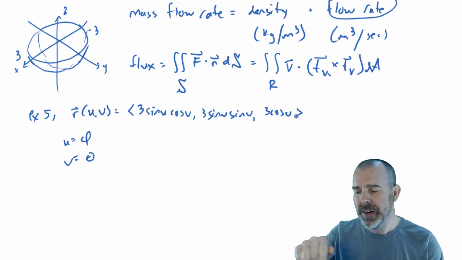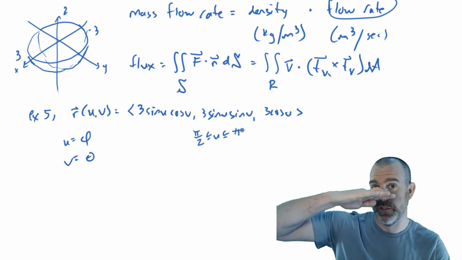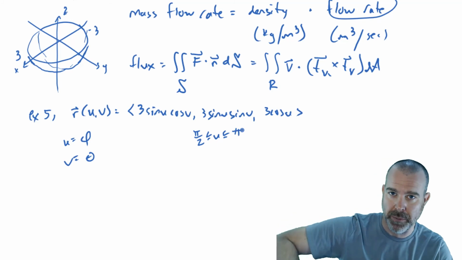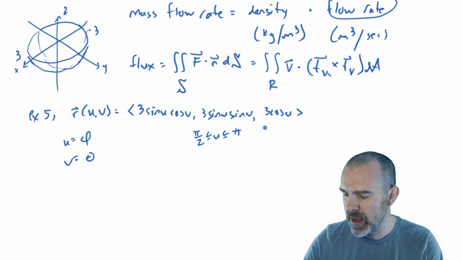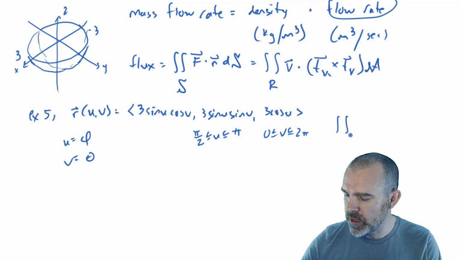Now we want the bottom half, so we're going to take our phi angle and have it go from pi over 2 to pi. So that'll start at the xy plane and then sweep down to the z-axis. But theta does go all the way around, so v will go all the way to 2 pi. So that'll be our region then. Our region will be, in whatever order you want to do du dv, pi over 2 to pi, and 0 to 2 pi.